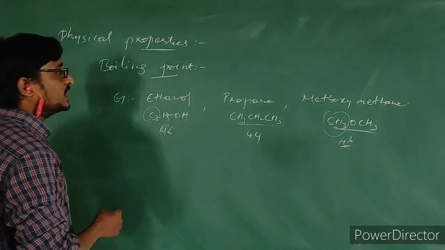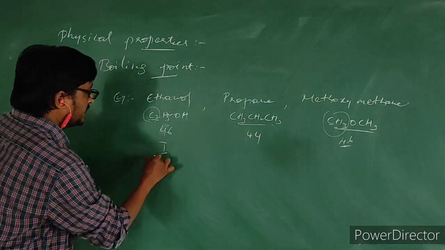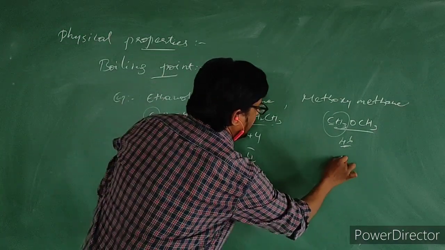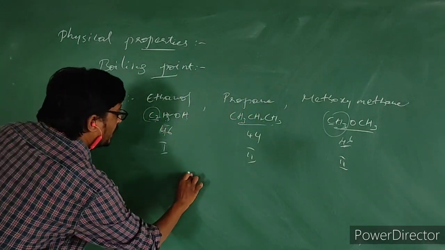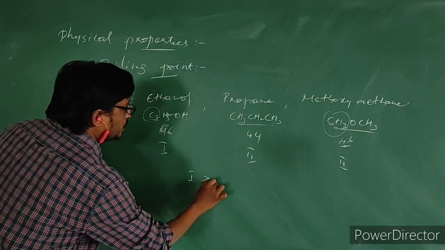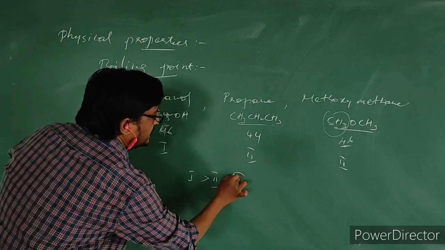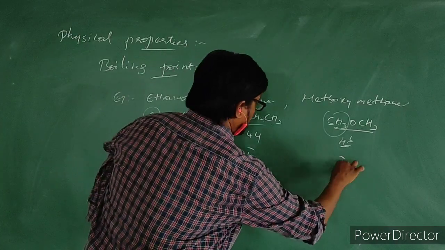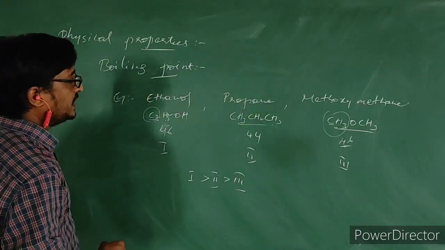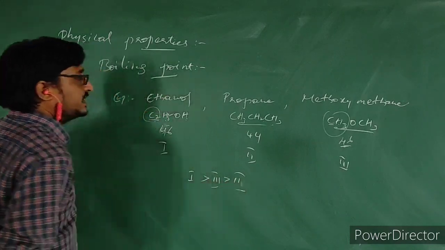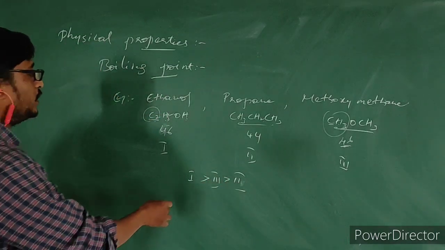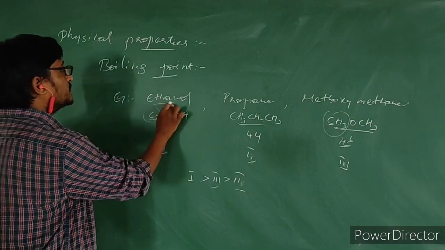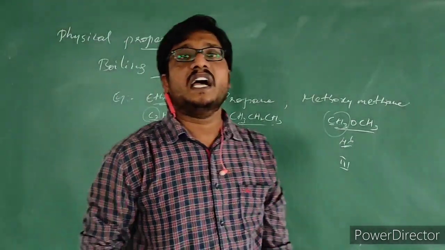But when we see the boiling points of these three compounds, 1, 2, 3, the order will be 1 greater than 3, 3 greater than 2. So why does ethanol have a high boiling point?